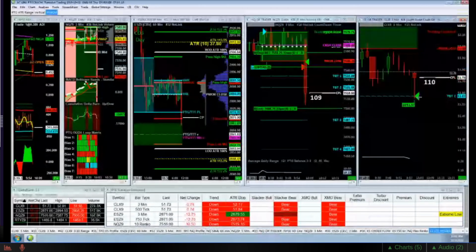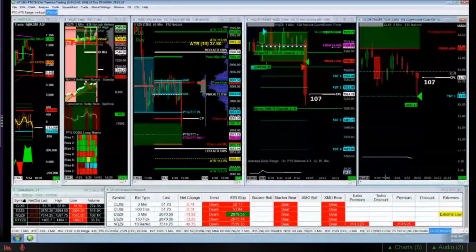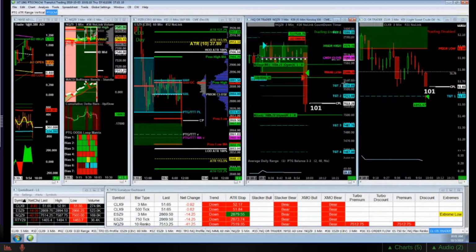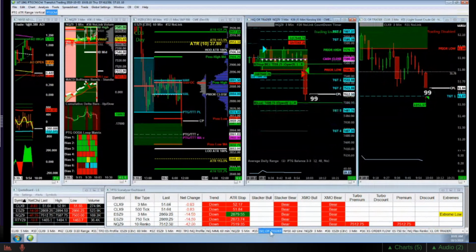All right, we got our crude oil. Crude oil fills. I'm short on the NQ here, by the way, so I'm going to bring my stop all the way down.